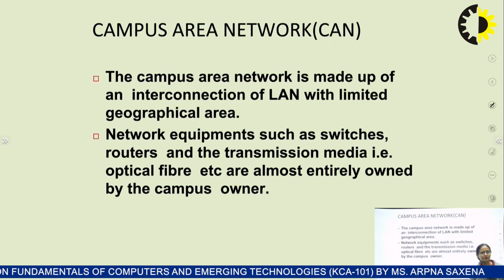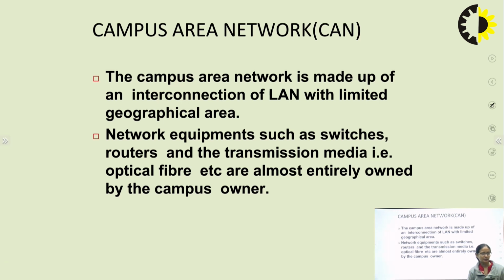Another category is your campus area network. A campus area network is an interconnection of LANs with limited geographical area. Network equipment, for example switches and routers, is used for the transmission, and the medium could be optical fiber and wireless too.